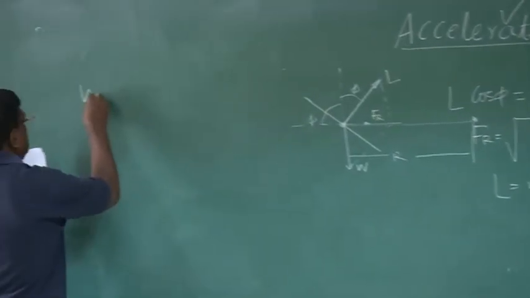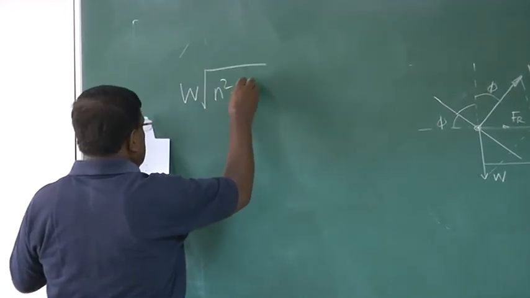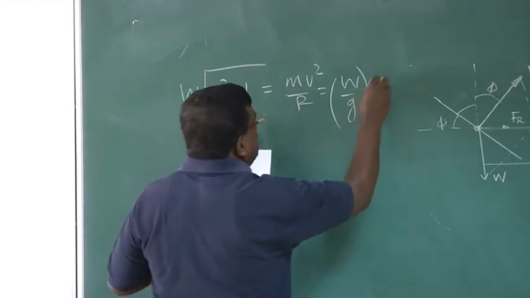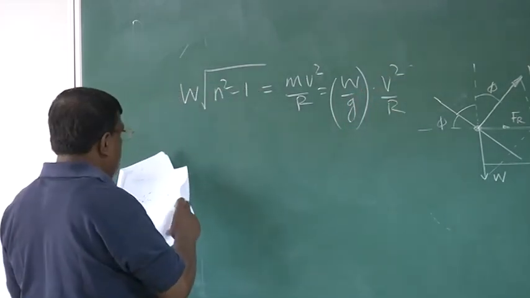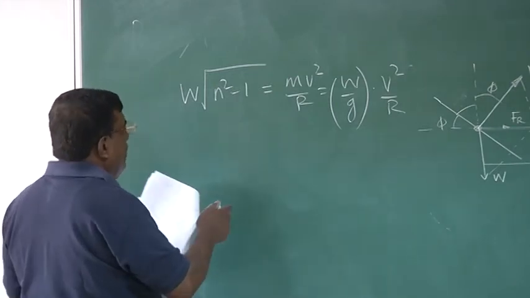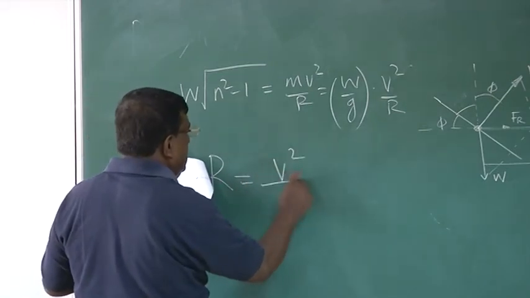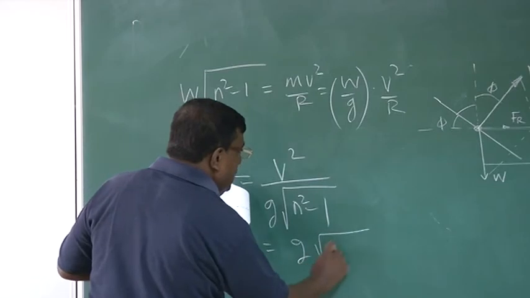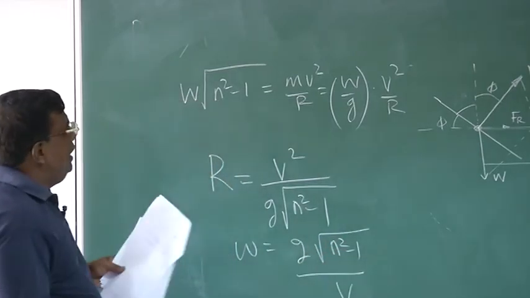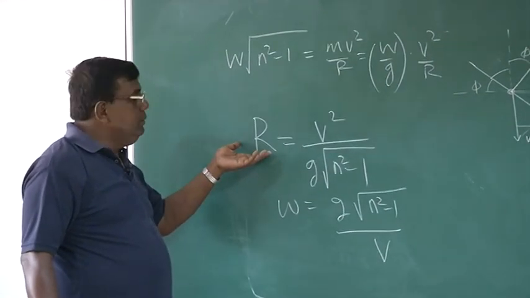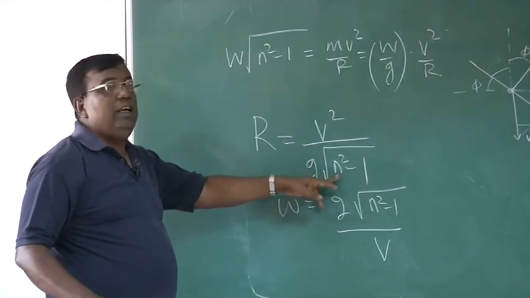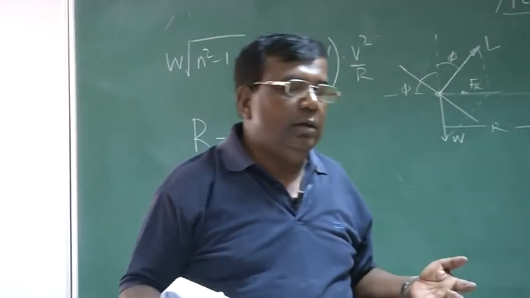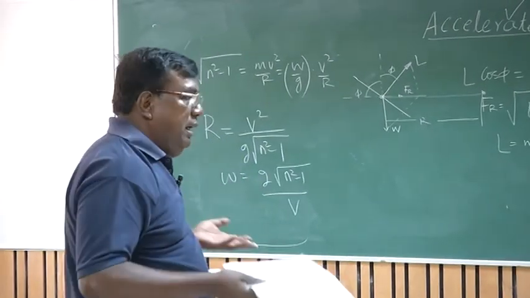Now, if I write this, mV square upon R, for m, for completion I am writing m is W by g, into V square upon R. And now if I do a little bit of adjustment, I can find an expression for R as V square by g square root of n square minus 1, and omega as g square root of n square minus 1 by V. So again you see that if I want the radius to be minimum for a turning flight, I need n to be large, which is fair enough, because after all n is nothing but lift divided by weight. n large means lift is more than the weight, and lift is doing all this activity.